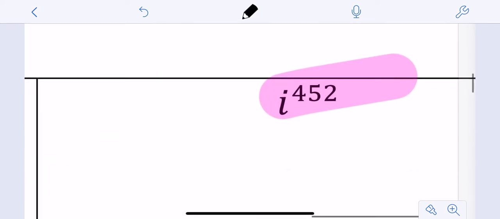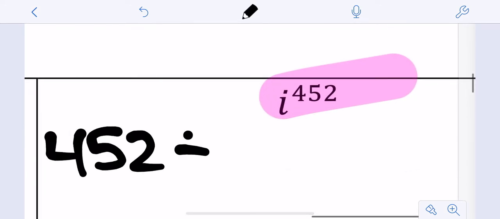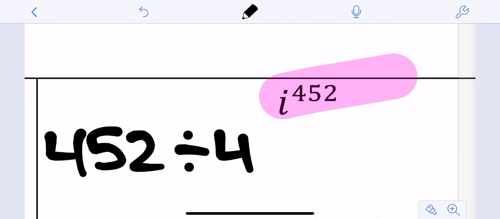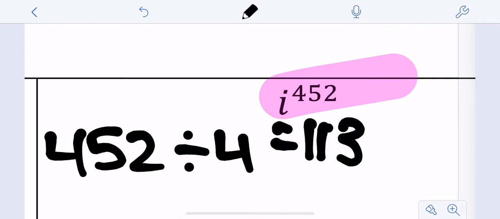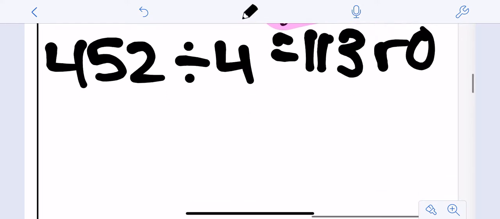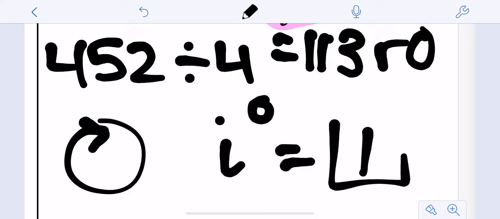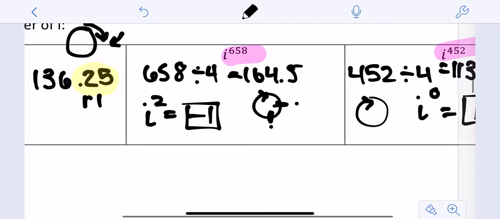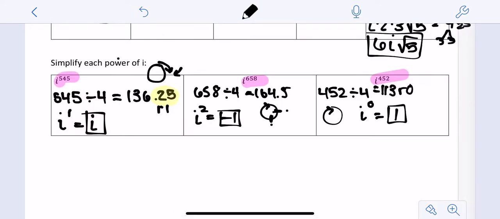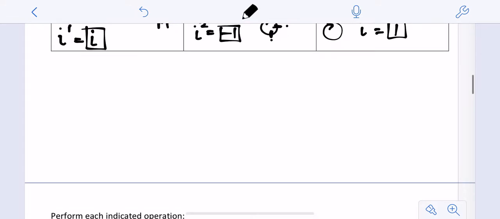Now if I do 452 divided by 4, that's going to be 113 even, which means your remainder is 0. So this would go around 113 times, and it would land back at the top of our cycle. This is equivalent to i to the 0, which is 1. Remember, for low powers of i, you can just put them in your calculator, but when you get to those high powers, you've got to divide it.